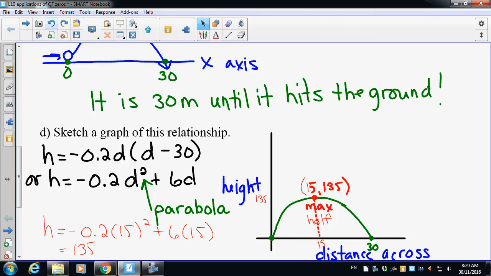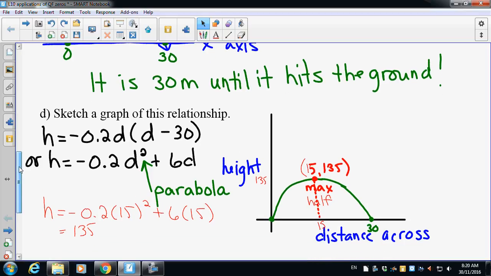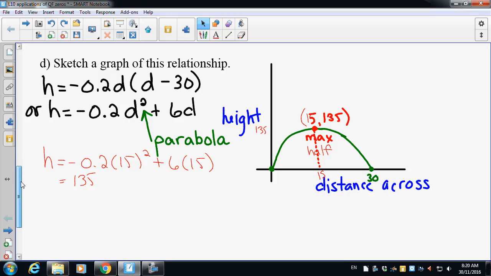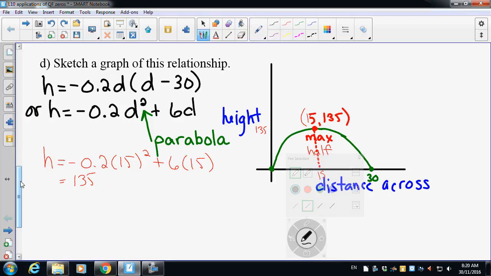So we've sketched a rough graph of that situation with a few points on to make it accurate. So when you know your x-intercepts, you can always figure out your vertex by finding the middle of the x-intercepts.